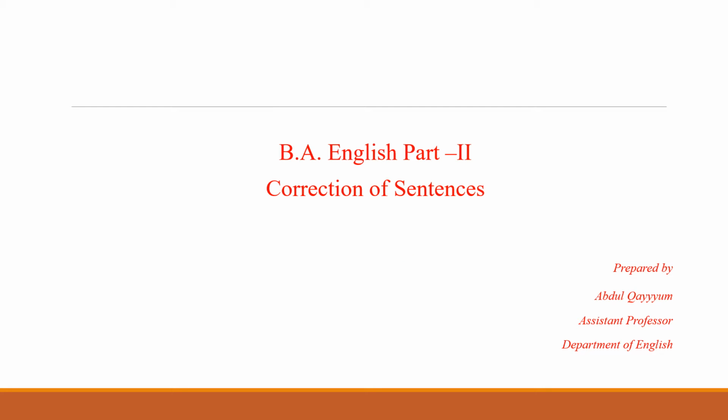I'm Abdul Qayyum from the Department of English. My job is to teach you grammar, that is the paper B portion of the paper, and we have already started the correction of sentences. This is the question of 10 marks in your final paper, in which incorrect sentences are given and you have to correct those incorrect sentences.